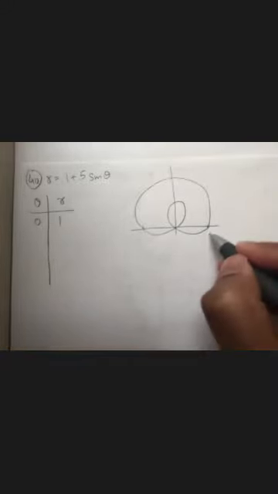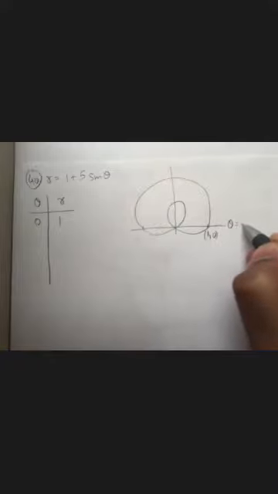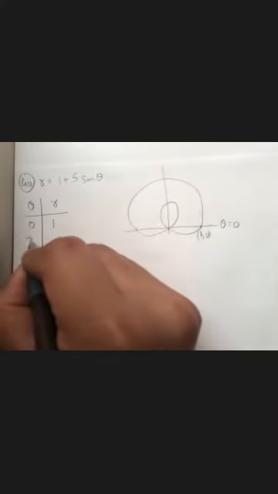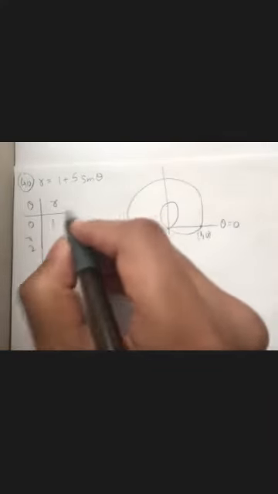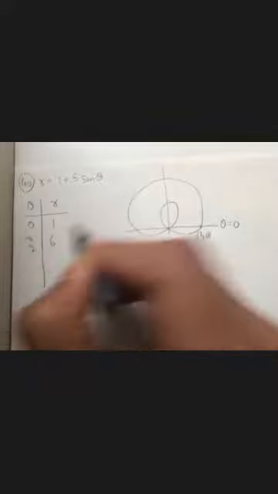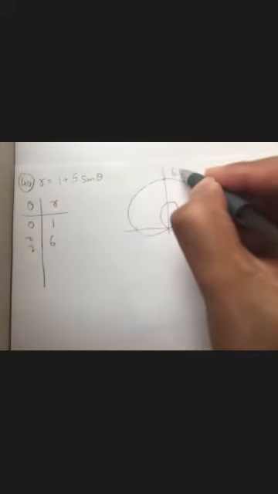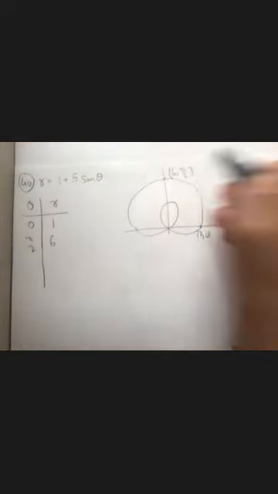So this means this point is 1 comma 0, right? But this is theta equals 0. Next, we move to theta equals pi over 2. Sine pi over 2 is 1, so we get 6. So this point is 6 comma pi over 2.